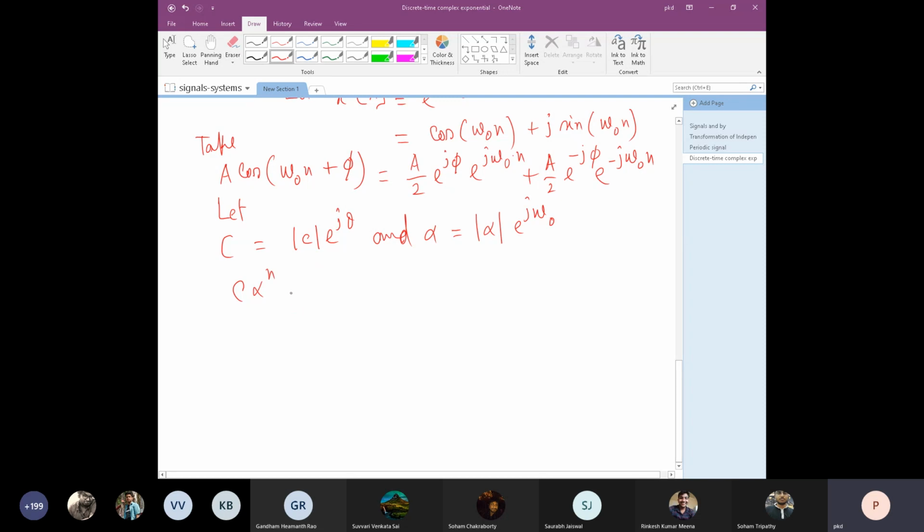So in that case C alpha to the power n would be mod C into mod alpha to the power n cosine of omega naught n plus theta, plus j mod C into mod alpha to the power n sine of omega naught n plus theta.